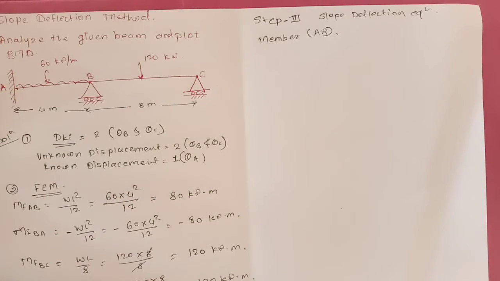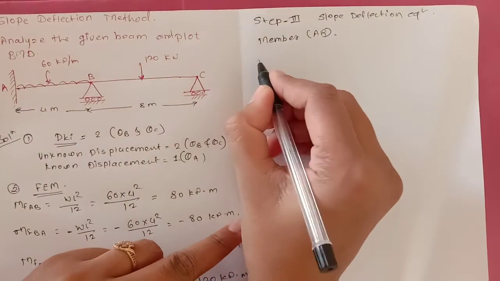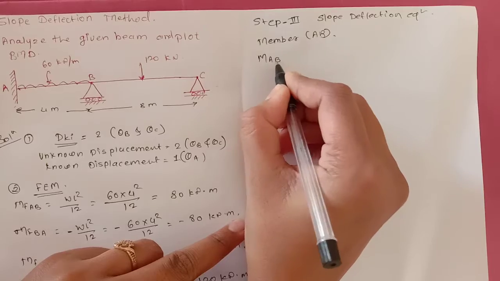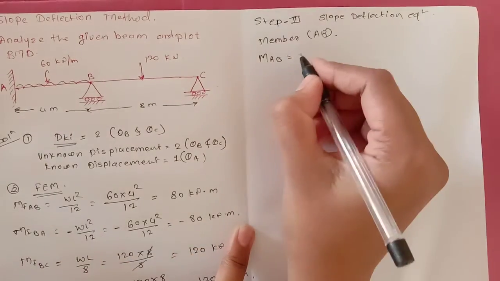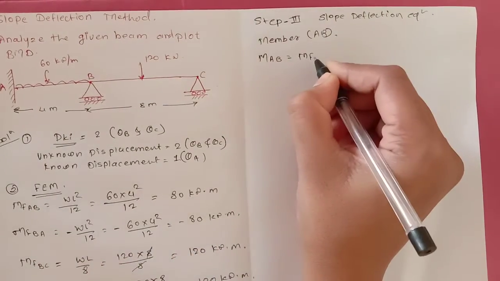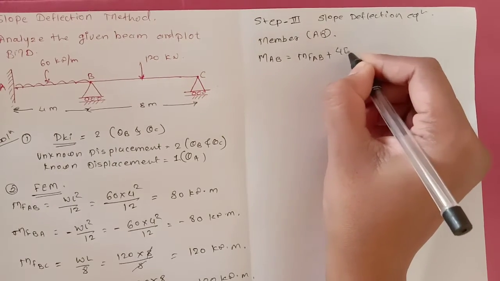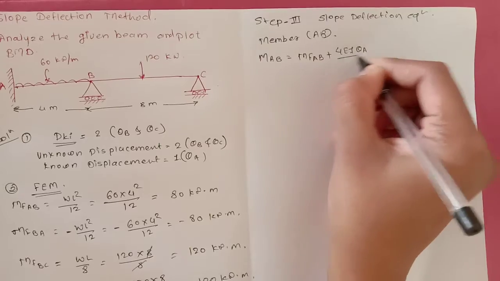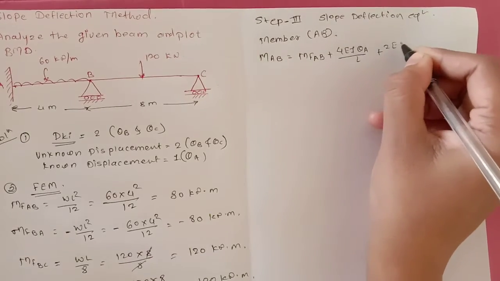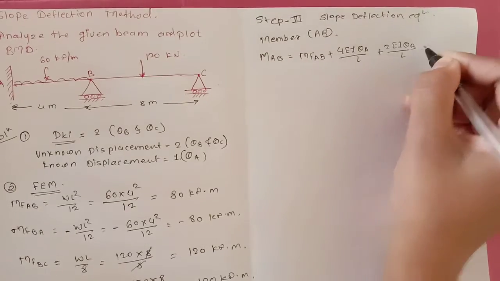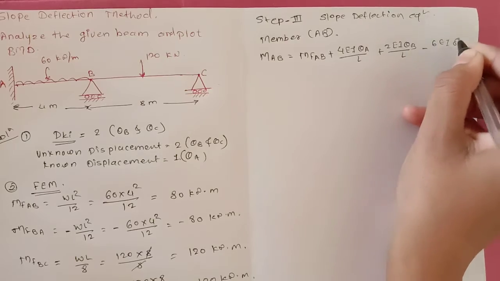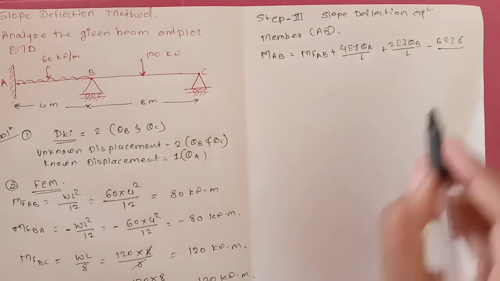The equation is fixed end moment for member AB plus 4EI theta A divided by L plus 2EI theta B divided by L minus 6EI delta divided by L square.